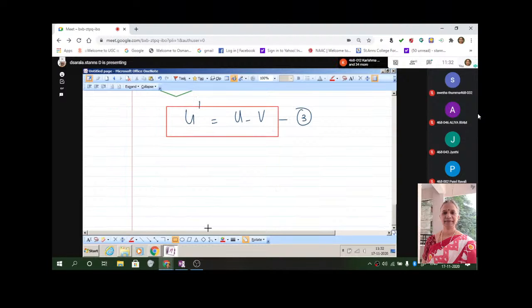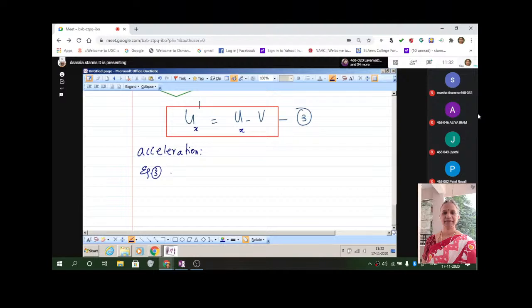Now, let us try to get the components for acceleration. To get the acceleration, you differentiate this. If you call this the x component, you can see it's only one. Whether you write x or you don't write, it doesn't matter. So now differentiate equation number 3.